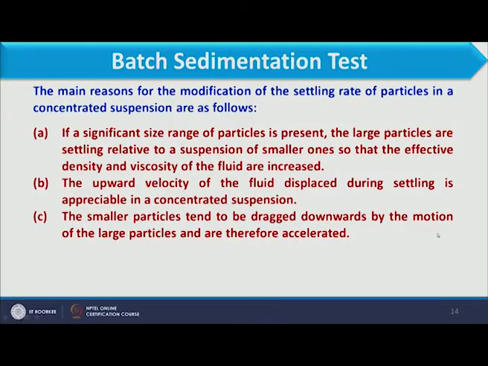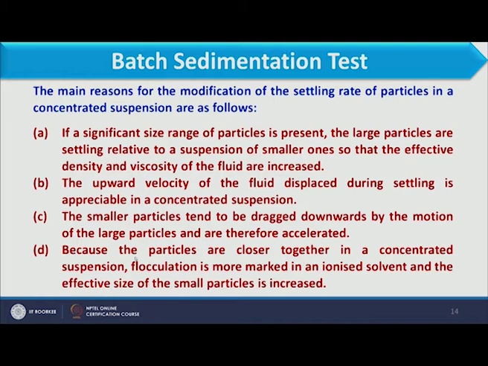So the upward velocity of the fluid displaced during settling is appreciable in a concentrated sludge, a concentrated suspension. The smaller particles tend to be dragged down by the motion of the larger particles and are therefore accelerated. This we have already discussed.